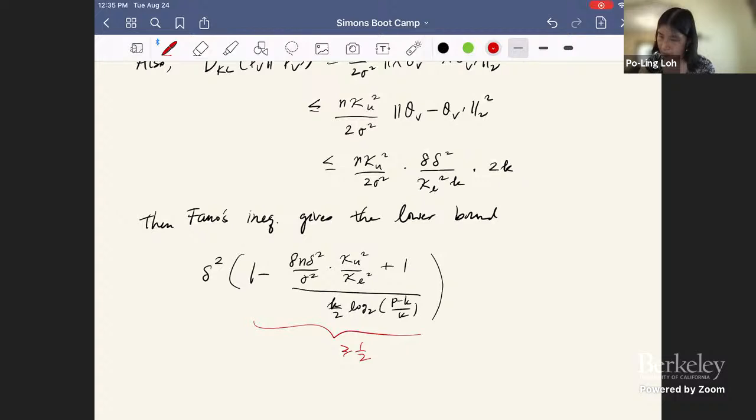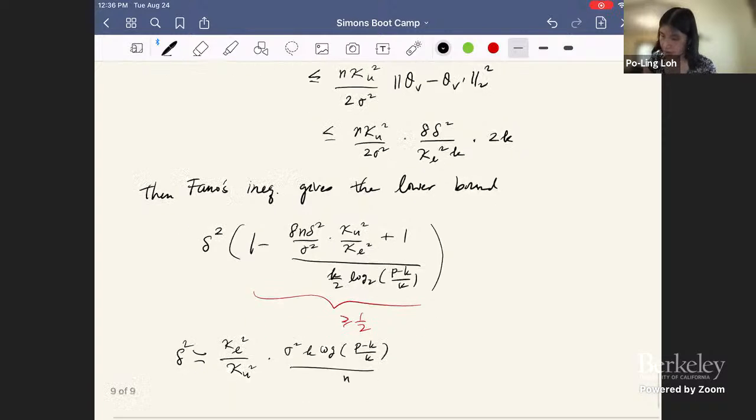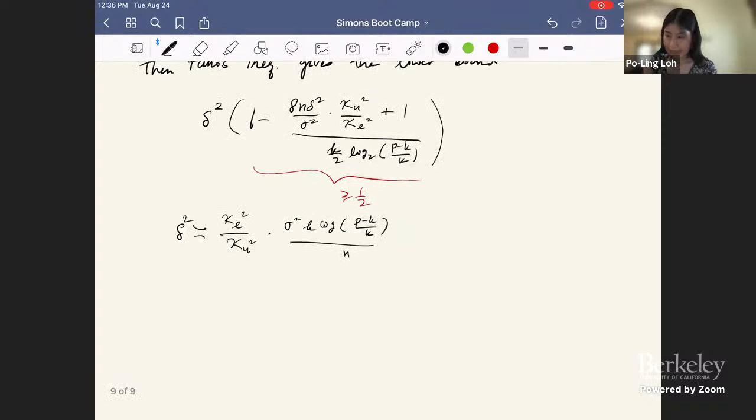And one can check that the right choice of delta should be that delta squared is order of kappa L squared over kappa U squared times sigma squared k log of (p minus k) over n. Okay. And this is the rate that we had up above, and the bound is achievable using the lasso estimator.